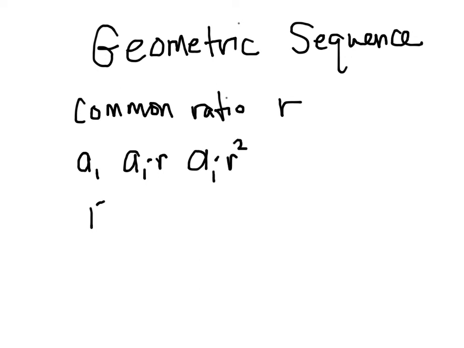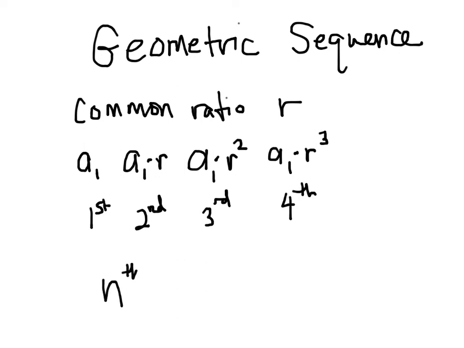So this is the first, the second, the third. I'll do one more. A1 times r cubed would be the fourth. And the nth term in this sequence will be the first term times r to the n minus 1.